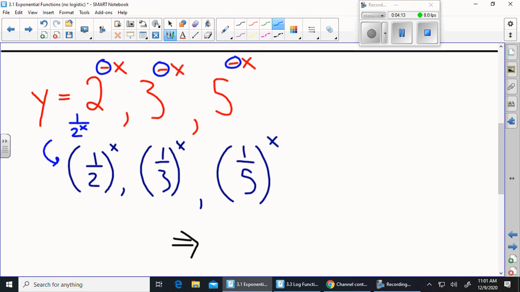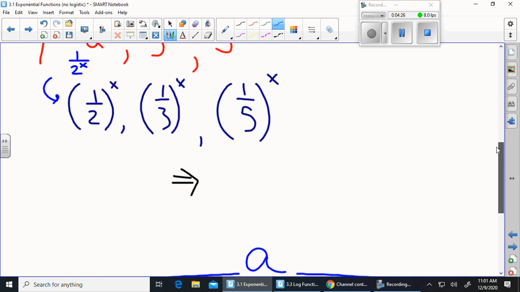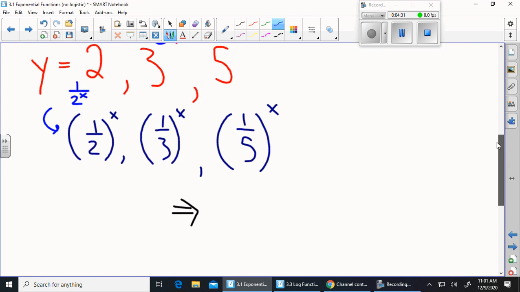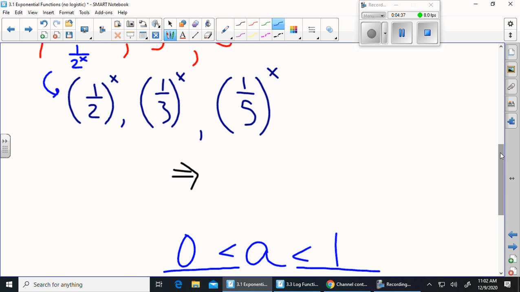Same thing with 3 to the negative x, 1 over 3 to the x. 1 to any power is still 1, so we can rewrite it. So when we look at that, my base is between 0 and 1, and so I'm getting decay. What do those graphs look like? Same thing. I start out, I get flat.